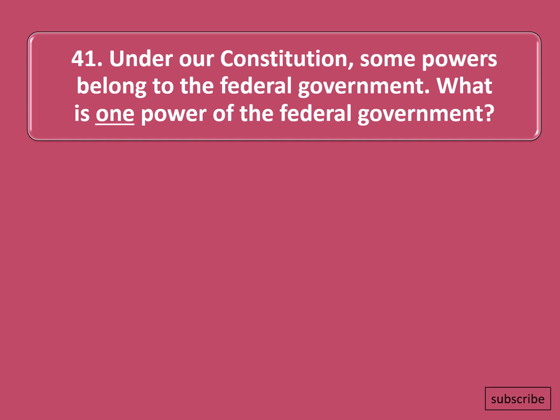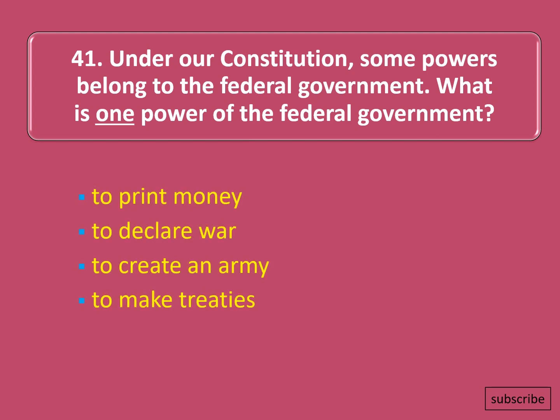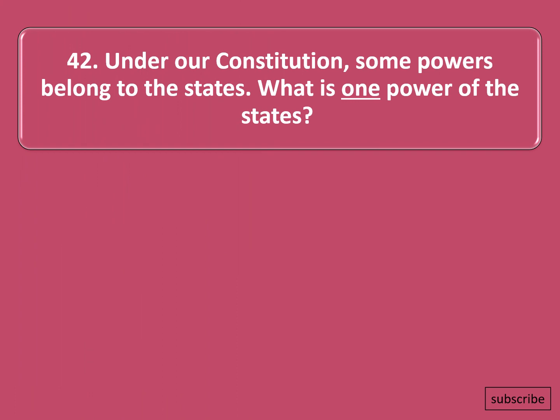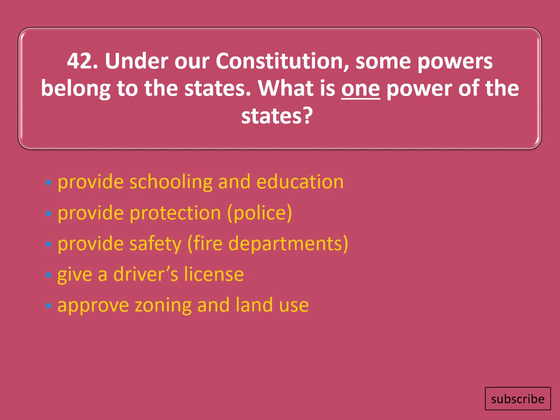Under our Constitution, some powers belong to the federal government. What is one power of the federal government? To print money. To declare war. To create an army. To make treaties. Under our Constitution, some powers belong to the states. What is one power of the states?